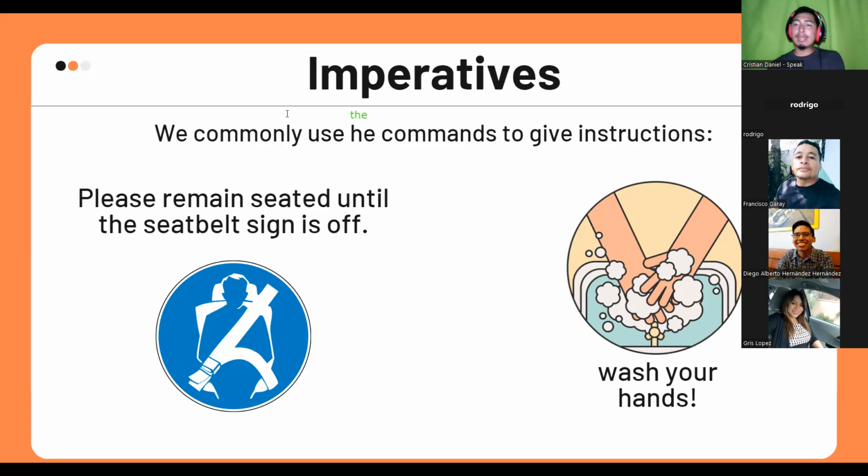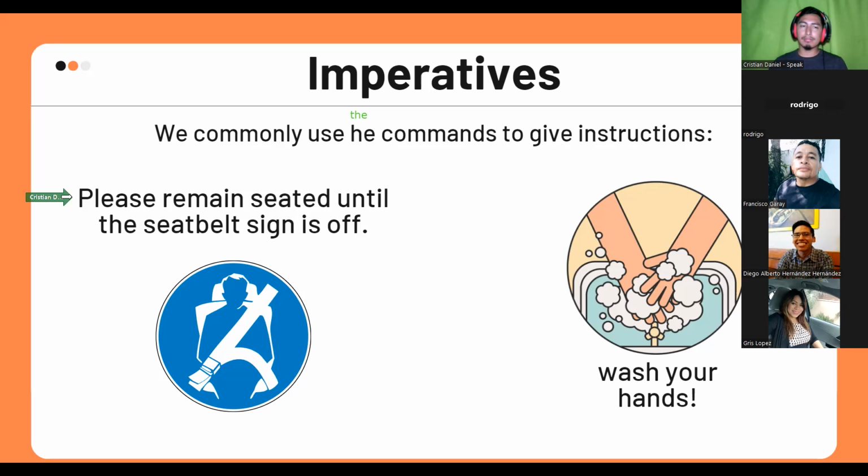Thank you. As you can see in these examples, everybody, we are talking about two different scenarios. Well, they are not pretty different, but we have some examples using the imperatives. For example, let me ask Francisco, where can you listen to this imperative sentence? The first one, Francisco.